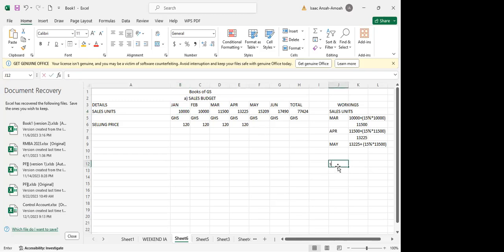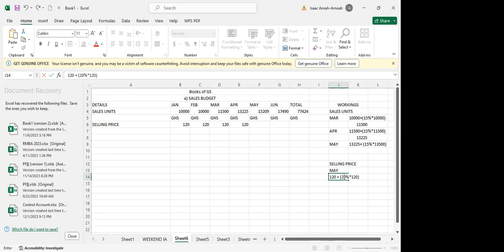So I'm looking at workings for selling price. I need the selling price for May, right? My selling price for May will be 120 cedis plus an open bracket, 20% of 120 cedis.